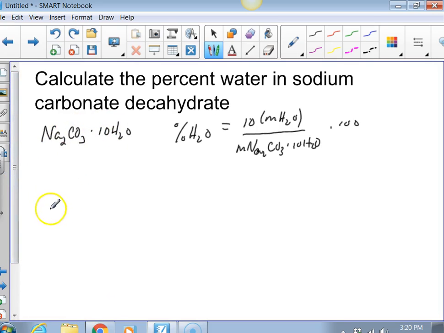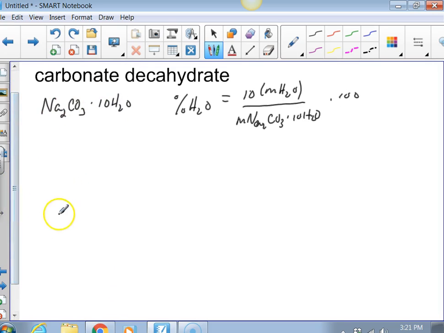So, I'm going to come down here and add this up. We've got Na2CO3·10H2O. This dot just means that the water is electrically attracted to the crystal of sodium carbonate. It is not an indication of multiplication.